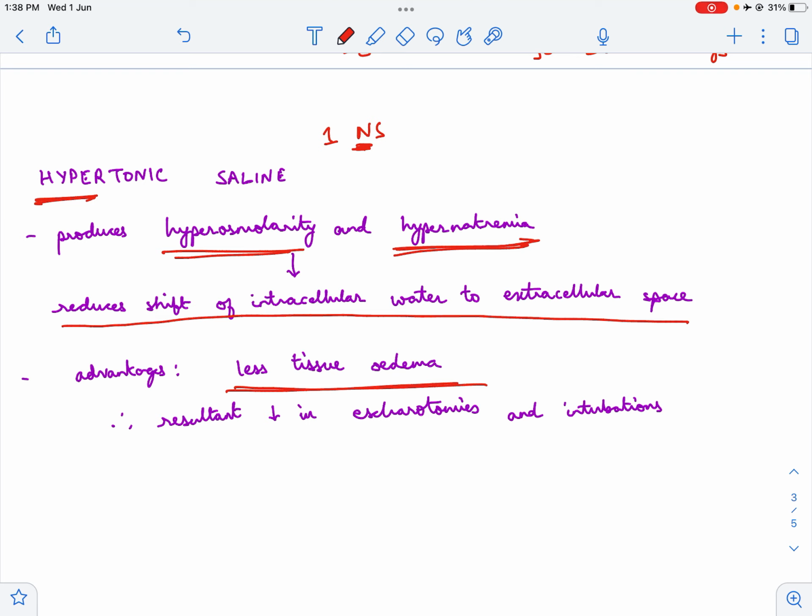Another problem with tissue edema is that the IV lines that we use get displaced because of the edema. So in burns patients you have to use longer lines. Now longer IV lines may not be available. When you insert a shorter IV line, and because of edema the line comes out, it is very frustrating. So if you have less tissue edema, it is advantageous, and hypertonic saline results in less edema.